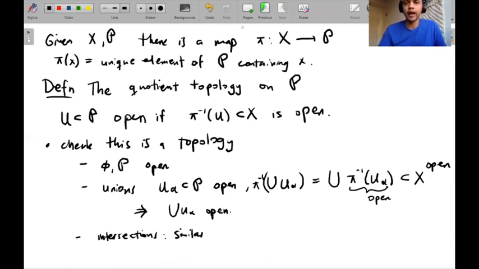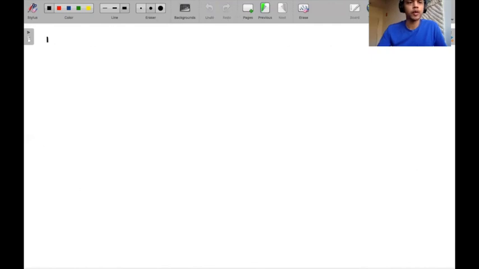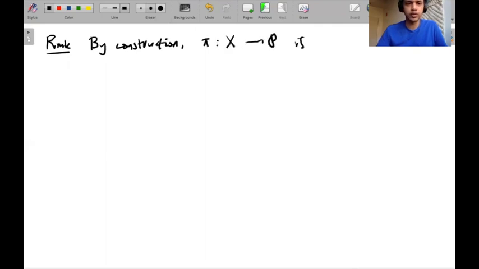Then, like I said, remark: by construction, the map pi from X to P is continuous.